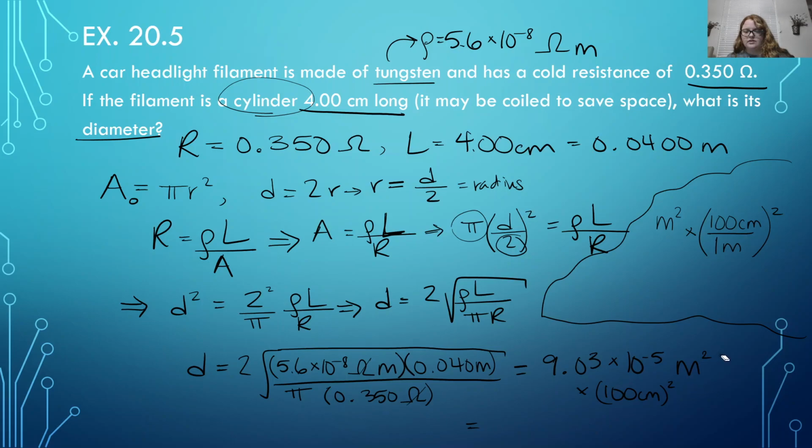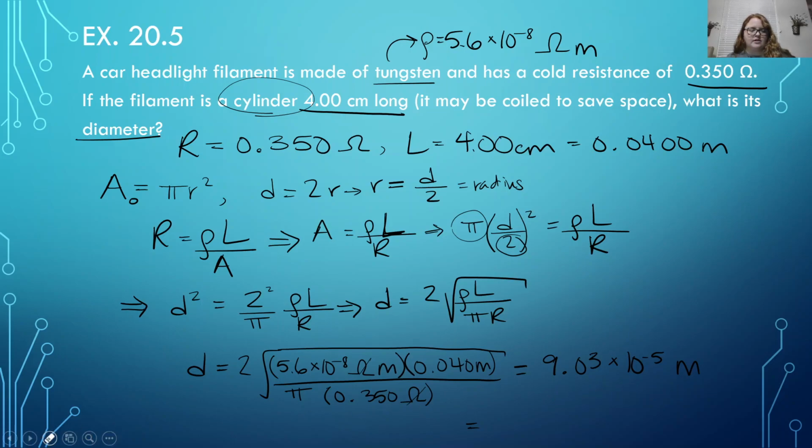Hold on, this is not squared. We found our diameter. So we need to erase all of that. Why don't we actually get it in millimeters instead? So what we have here is in meters, right? Under the square root, we have meters squared, and then we square root that, getting meters, which is good. Those are the units we're looking for.